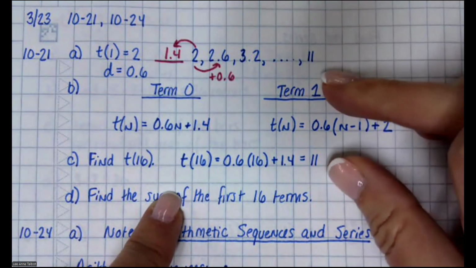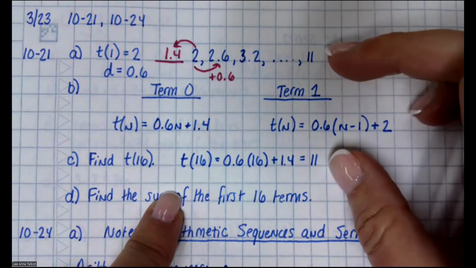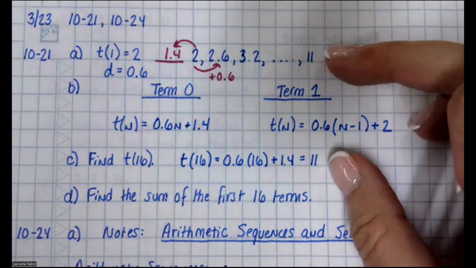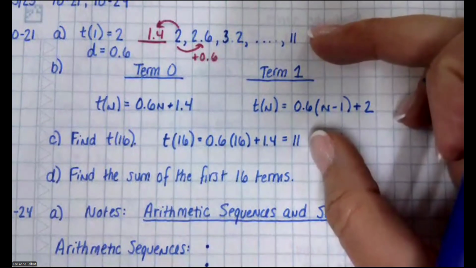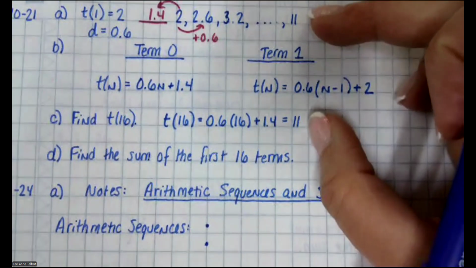So I found my answer here and I added it back up here to the sequence. You guys okay? Does that make sense? Use your equation as a little calculator.